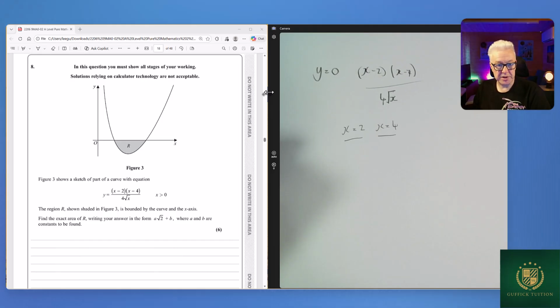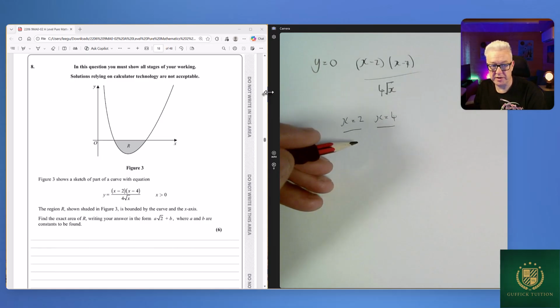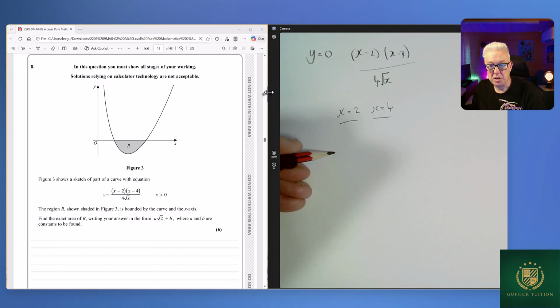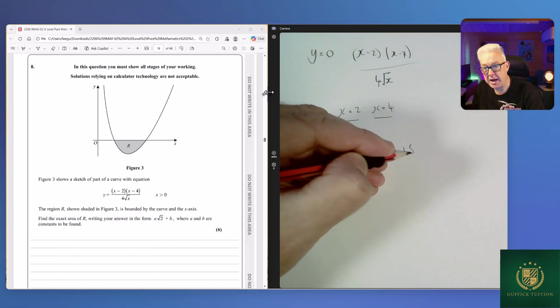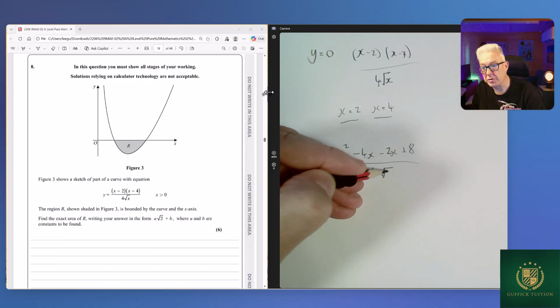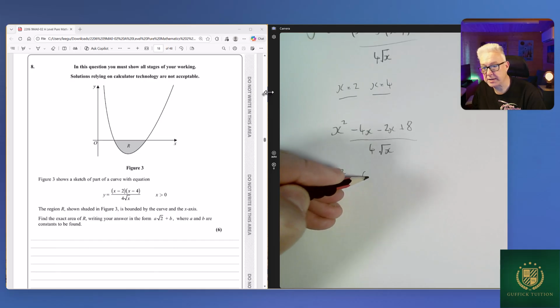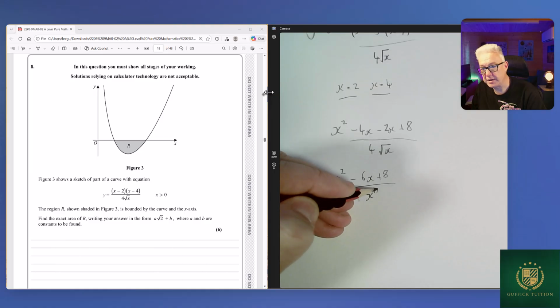Now, how would I approach this one? Personally, I would expand the numerator and then separate each term and just use year 12 techniques. I'd say this question is entirely accessible with year 12 knowledge. So I'm going to expand the numerator, which gives x squared minus 4x minus 2x plus 8 all over 4 root x, which is x squared minus 6x plus 8 all over 4 x to the half.